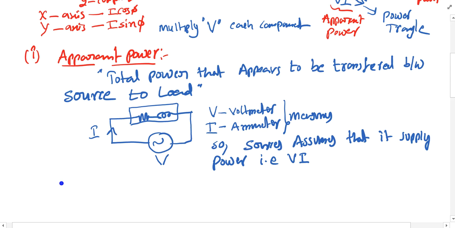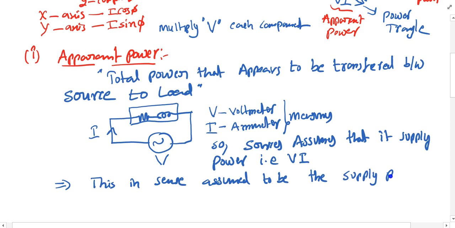So this is assumed to be the supply power by the source, so that it is called apparent power.